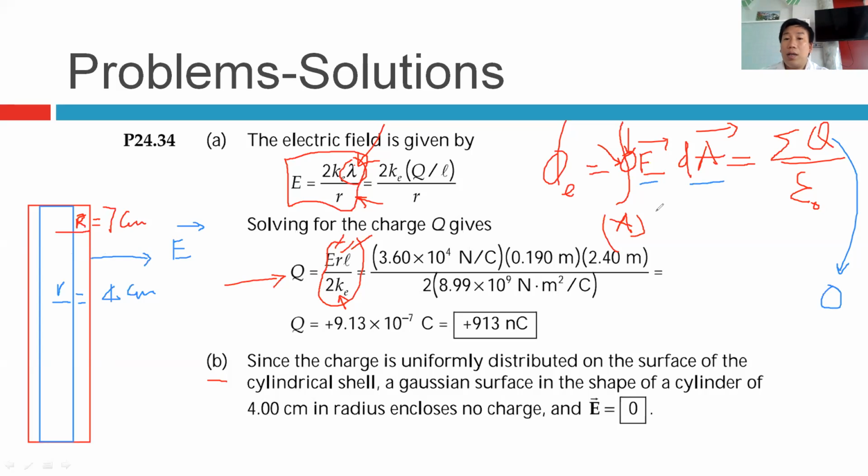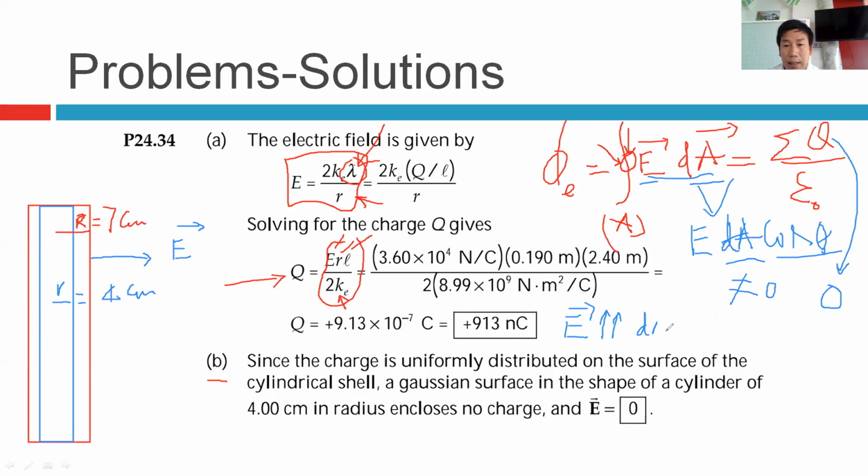So you have E dA cos theta, and dA is always different from 0. For cos theta, you have just two cases: the first case is the same direction as dA, and the second case is opposite to dA.